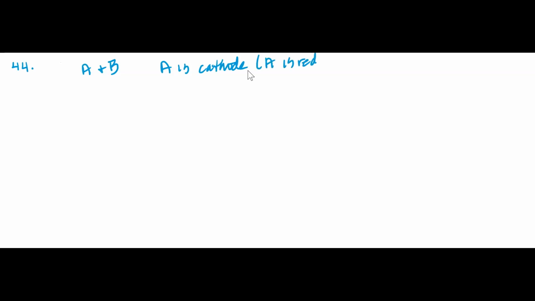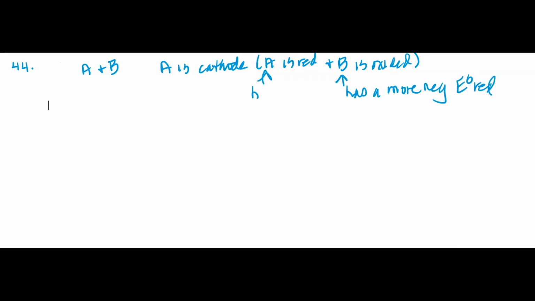A is preferentially reduced, and that means B is preferentially oxidized. So if B is oxidized, B has a more negative standard E reduction, and A has a more positive E reduction.